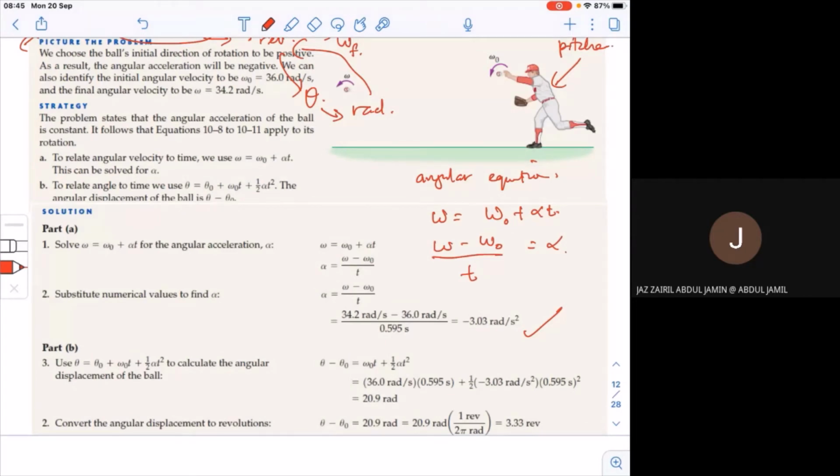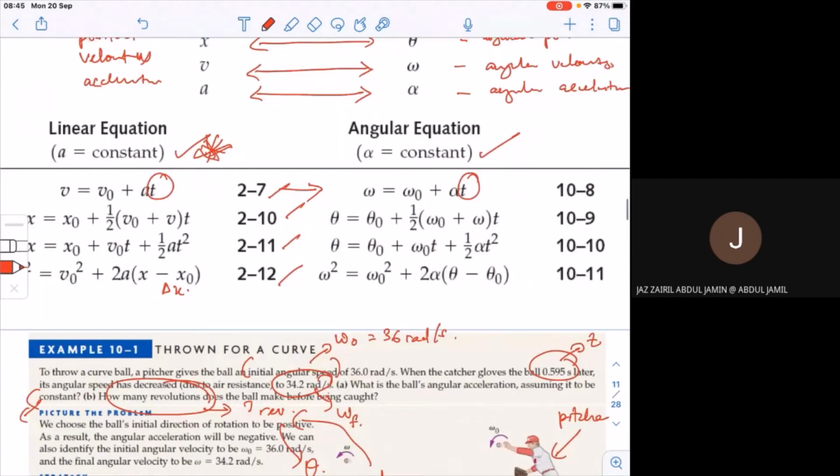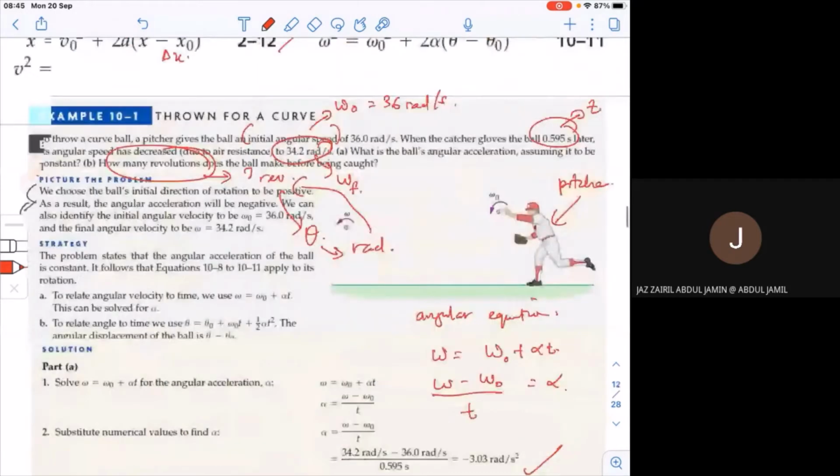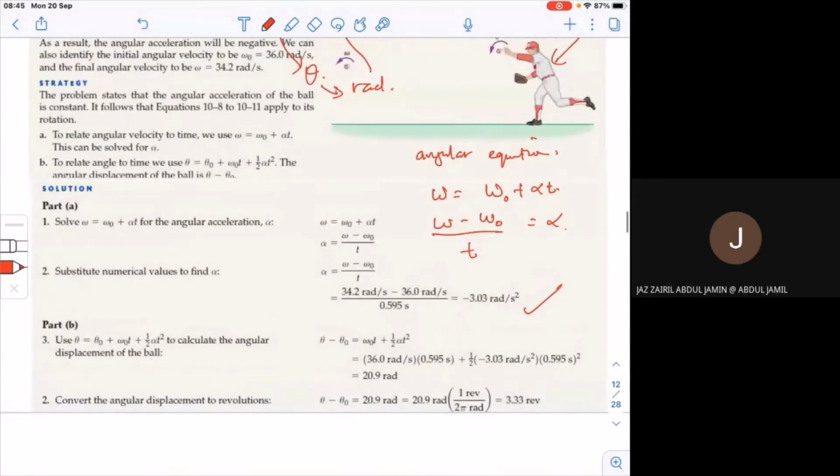We can use a lot of equations here, but try to get the best one that suits the problem. Now we have theta, which is theta minus theta naught, equals omega naught t plus half alpha t squared.